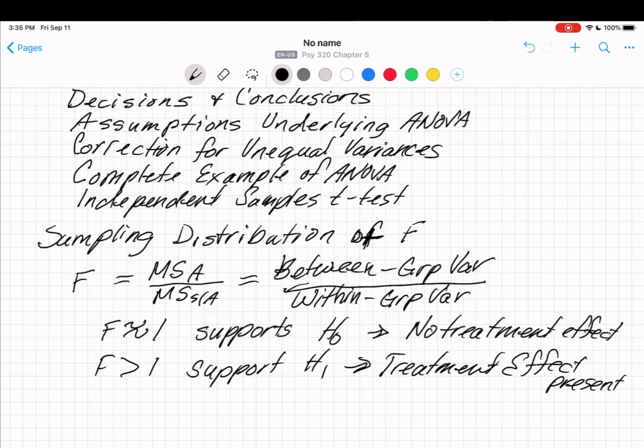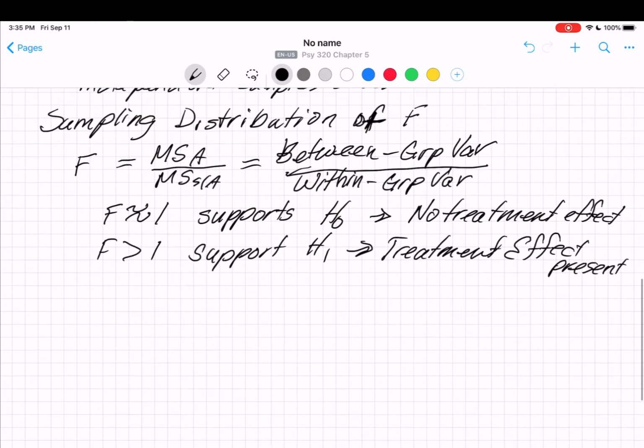Well, to help us make that determination, we use the sampling distribution of F. And so I'm going to draw a little graph here.